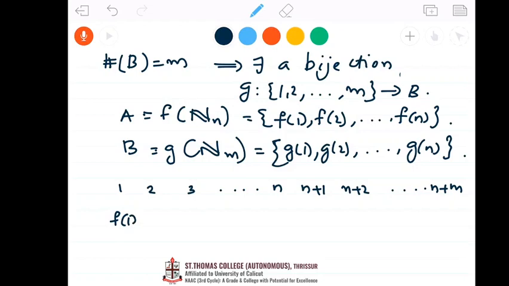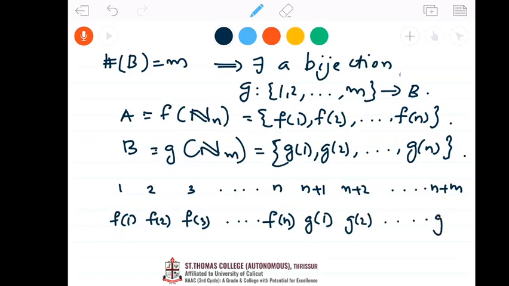f of 1, f of 2, f of 3, etc., f of n. Then A is over, I am starting B. It is g of 1, g of 2, etc., g of m. So this is our n plus m, and this is A union B. We have to define a bijection between them.